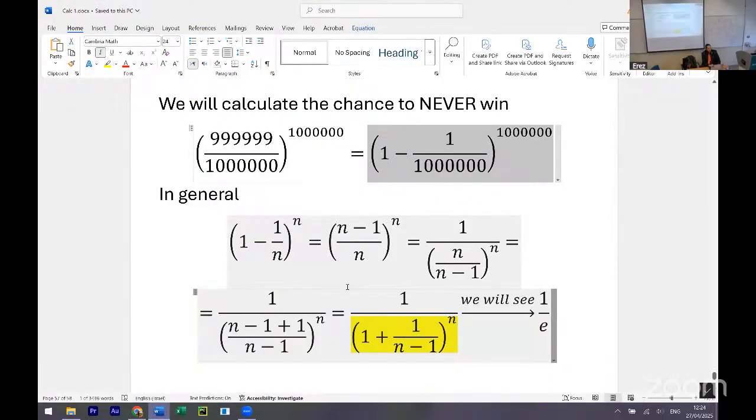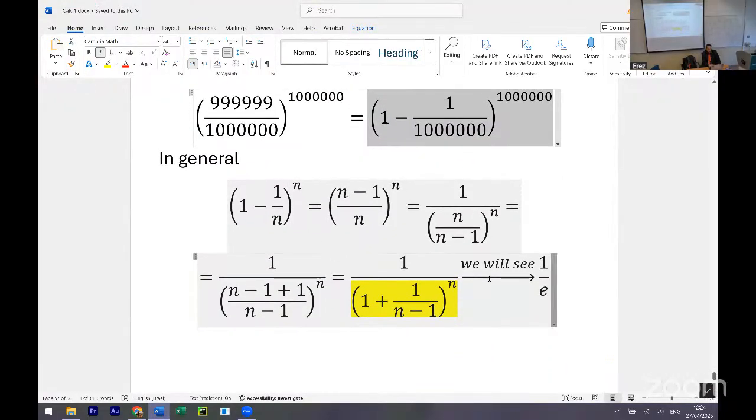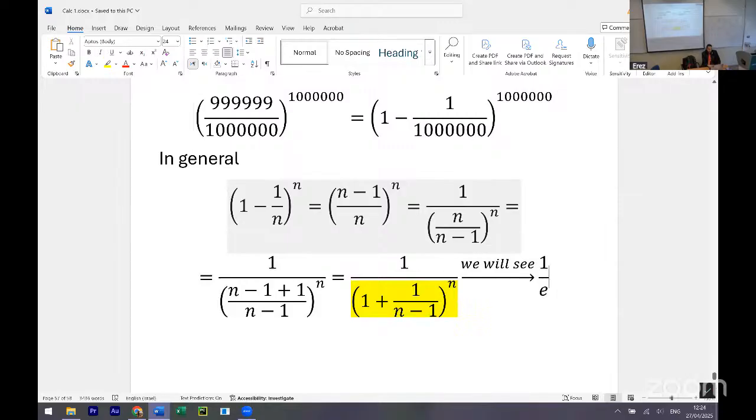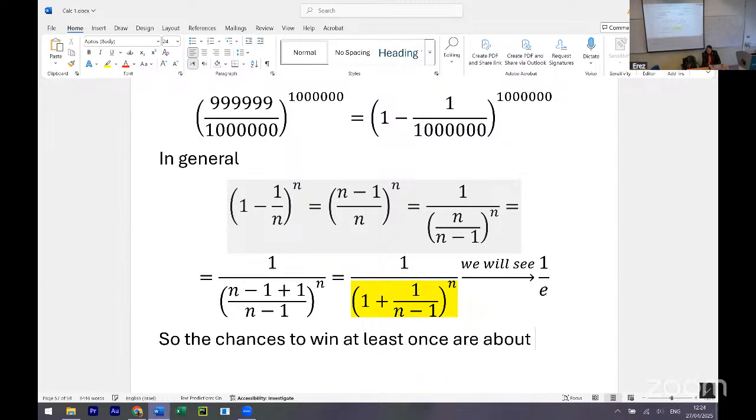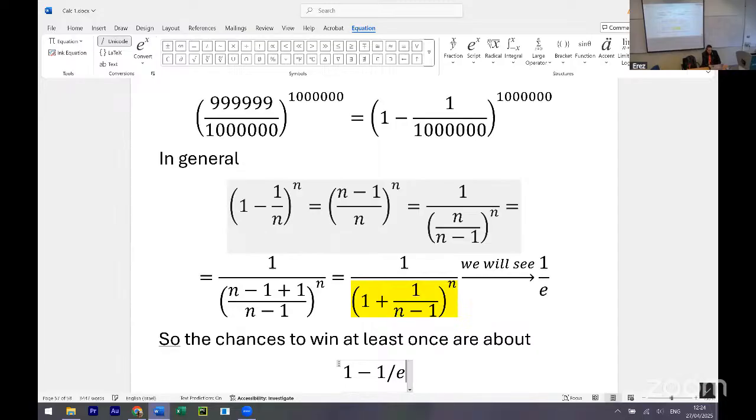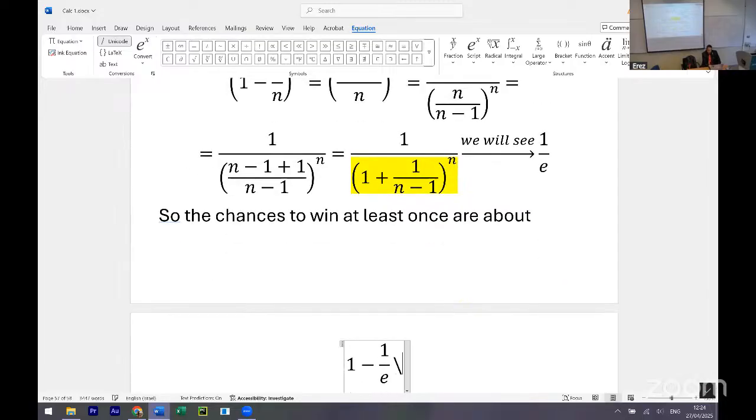So it's 1 minus 1 over e. Right? So the chances to win at least once are about 1 minus 1 over e, which is about 0.63.